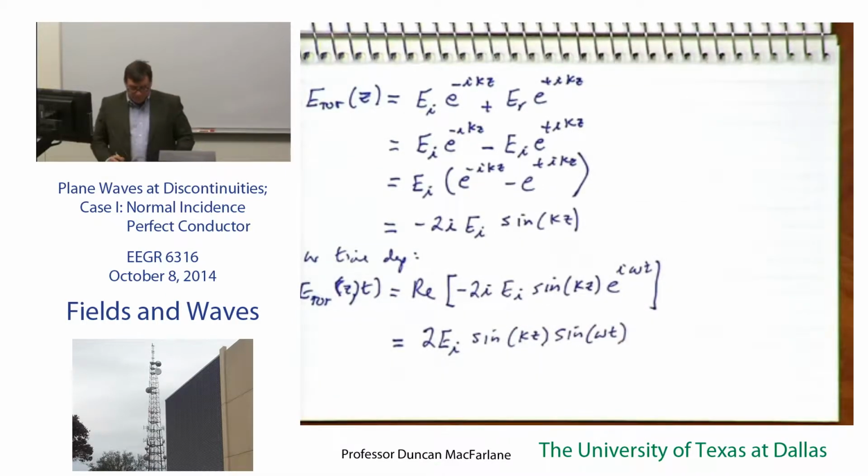And if EI is real, then I get a sine of kz and a sine of omega t.